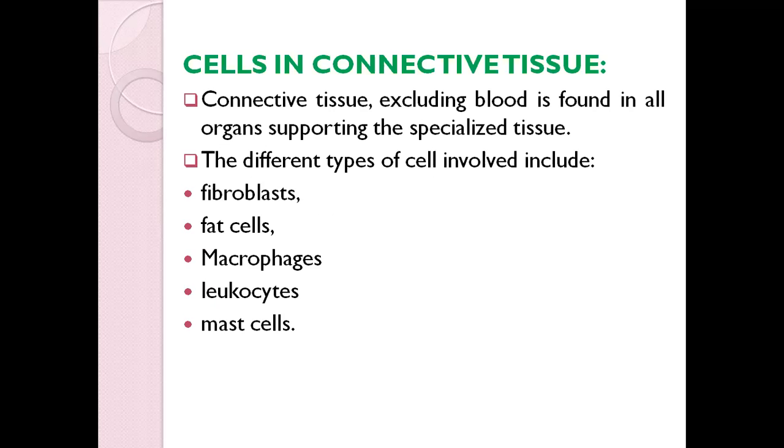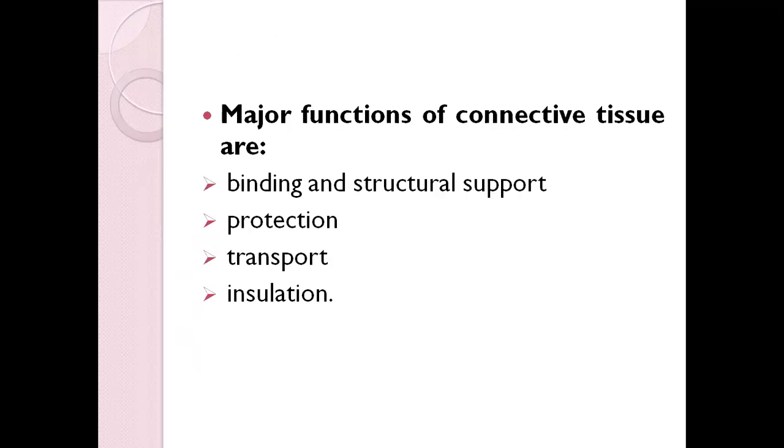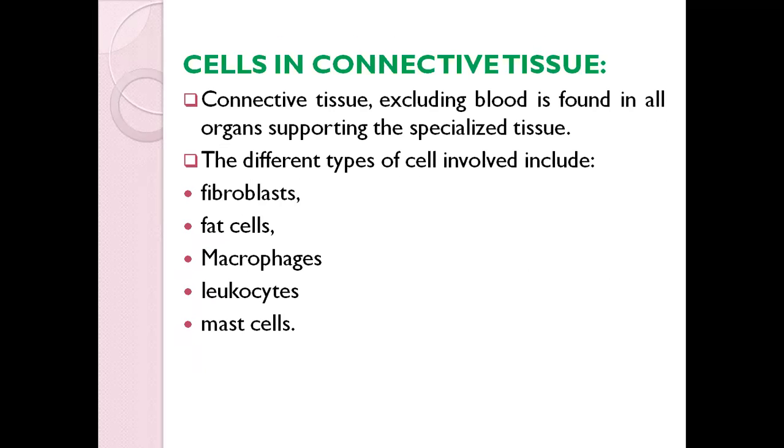Actually, like I've said, within the connective tissue also we have different types of cells. Okay, so these cells I will discuss one by one. These different types of cells are usually present in between the fibers of the connective tissue, embedded or attached. So what are the different types of cells present?